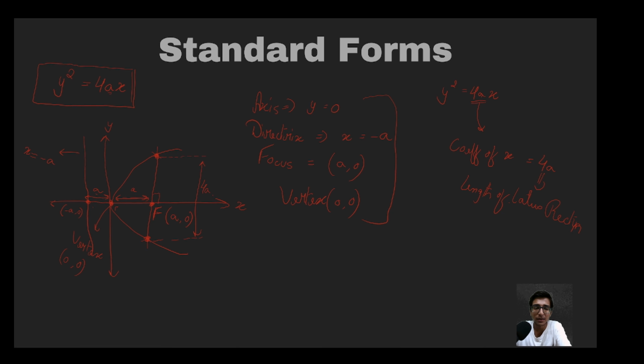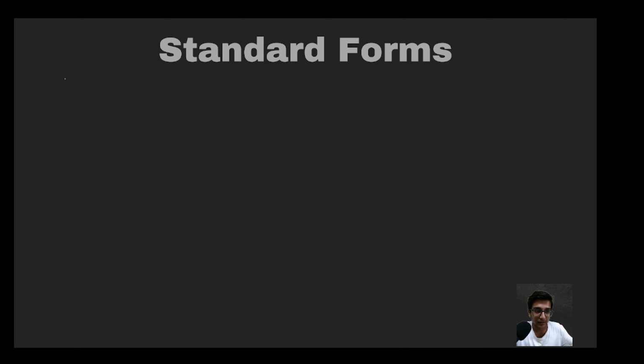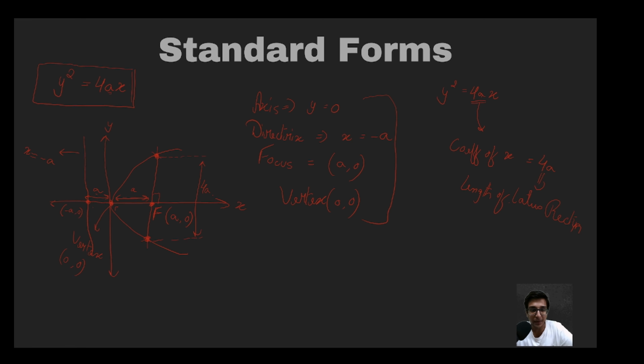We'll look into a few examples where these concepts have been used so that you can understand why we are trying to learn all this stuff. Now let's look at a few more other standard forms of parabola. Now in this parabola, we call this a horizontal parabola, and it is right because the face of the parabola is facing towards the right.